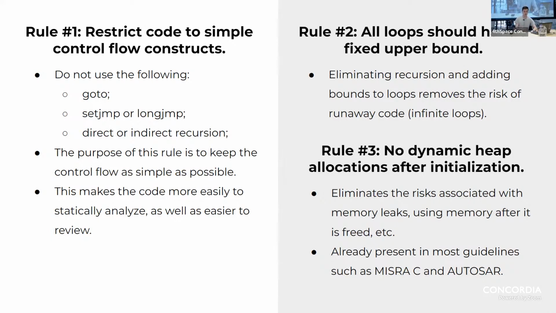These kinds of guidelines regarding heap allocations are already present in most coding guidelines, such as MISRA-C, AUTOSAR, or any other alternative that you might be able to find. It's a very common thing to want to avoid when you're developing embedded software. Because as an example, let's say you're writing an application for your computer. If you have a memory leak, what's the worst that can happen? Your application will crash after a bit. You'll have to restart it.